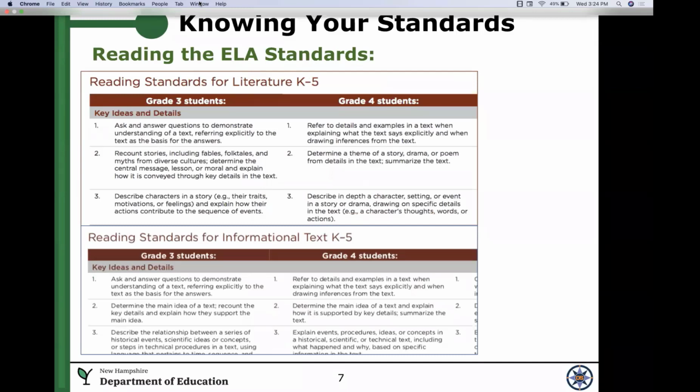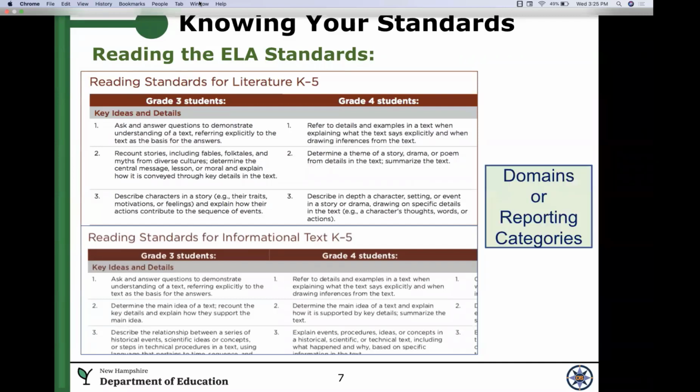As you look at standards, all of us have probably seen something that looks like this. These are some ELA standards. The way the Common Core standards are designed, they are all organized in a specific way. When we talk about our domains of ELA, those are reading standards for literature, reading standards for informational text, speaking and listening.